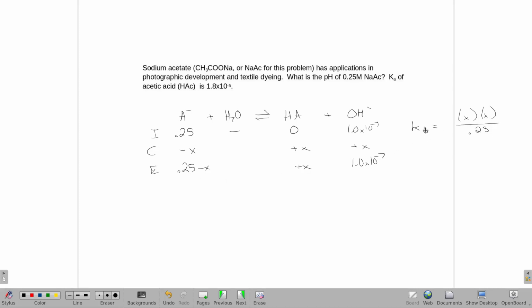I didn't give you a Kb, I gave you a Ka. I gave you the Ka of acetic acid. So the very first thing we're going to do is turn the Ka into a Kb by using the Kw. And then we're going to solve for our x.